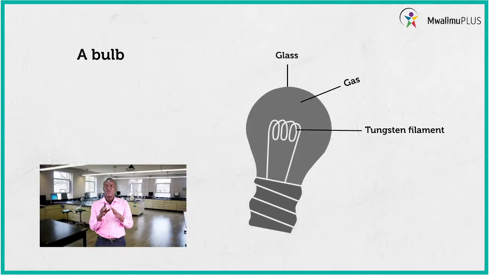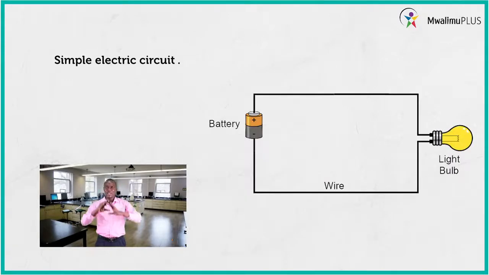I hope you are able to see that very well, learners. Very good. Once you have known all those, let us now look at a simple electric circuit, how we can make a simple electric circuit. I want you to look at the screen very keenly. What are you able to see? Good learners. In the screen, we have a battery, we have a wire, and a bulb.